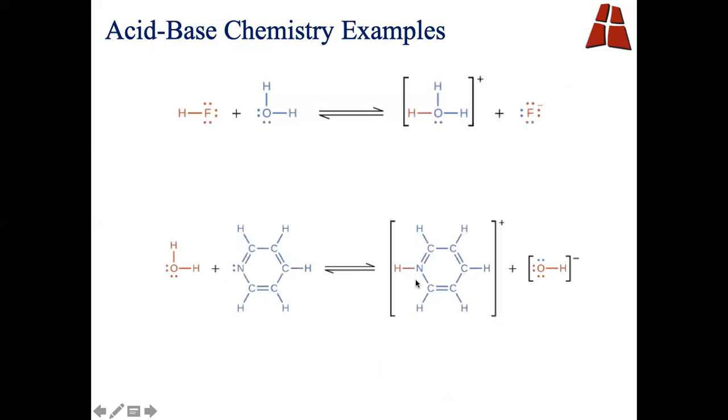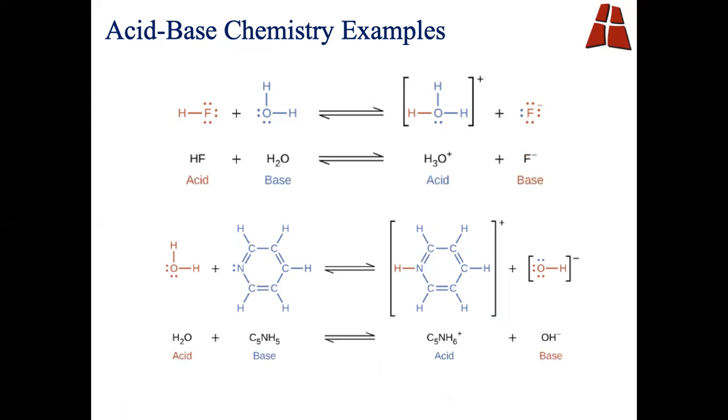We have some other examples here. If you'd like to take a moment, you can pause the video and identify what is our acid, what is our base, and then which of these molecules will be the conjugate acid and the conjugate base for each of these reactions. But here are the answers.